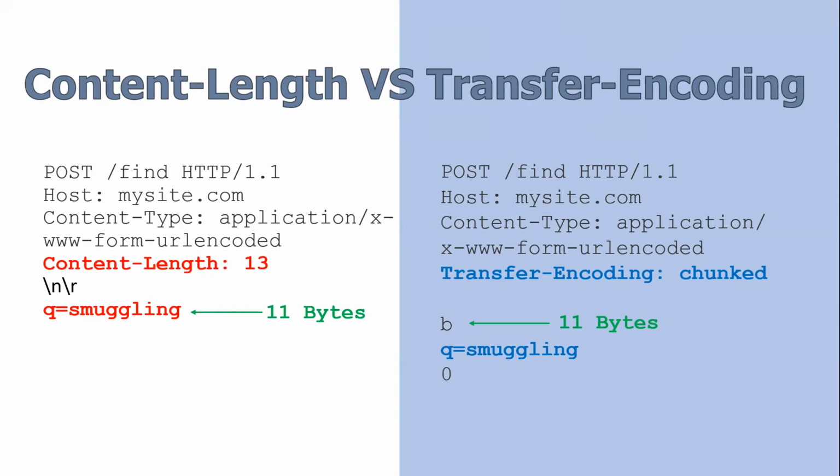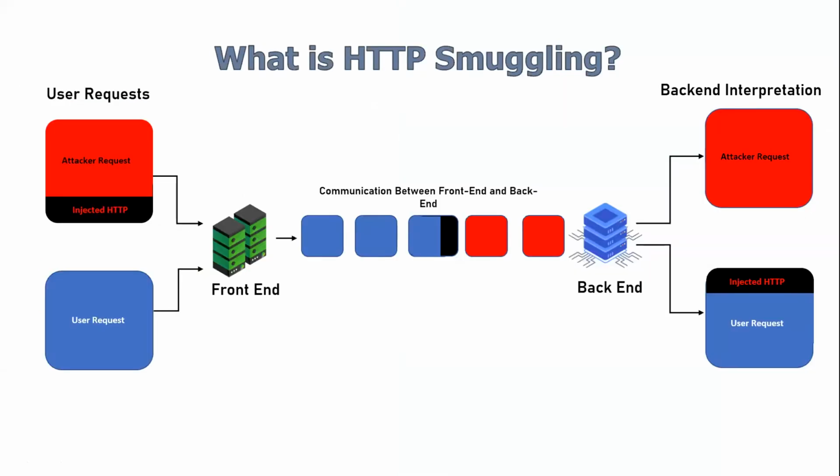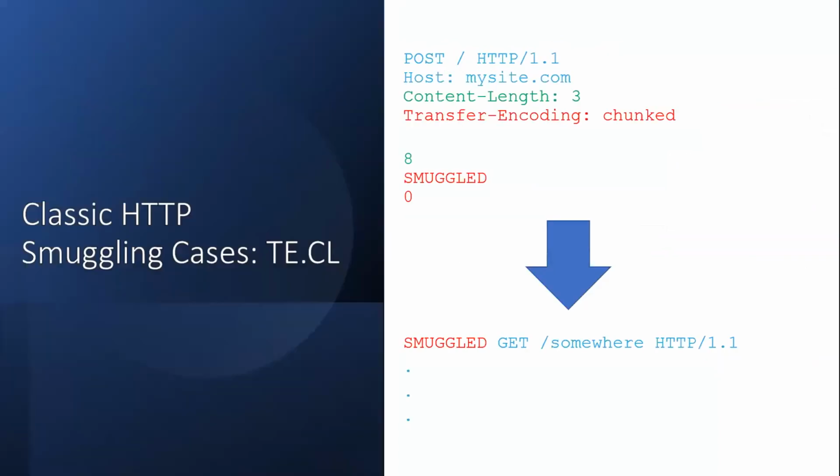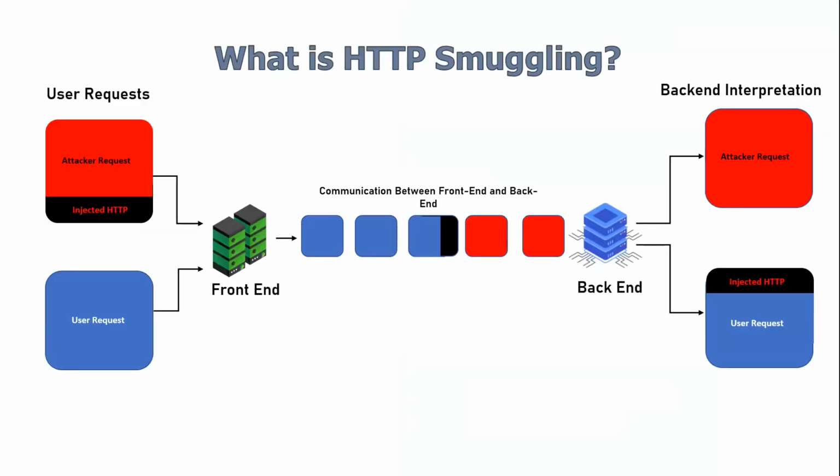Okay, cool. What can we actually do with it? Well, we can fool the server. Let's say you have the front server that looks at content length, and the back end looks at transfer encoding. That's a problem. Now, how can this happen? It happens all the time. You install a new server, it can prioritize either transfer encoding or content length.